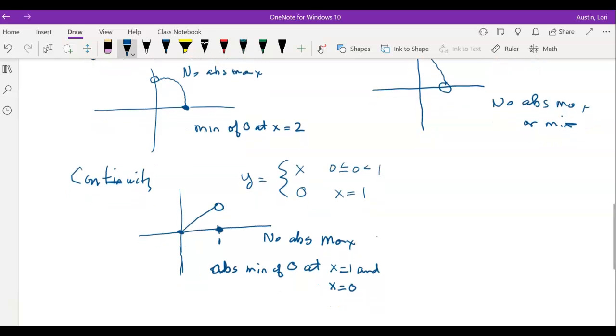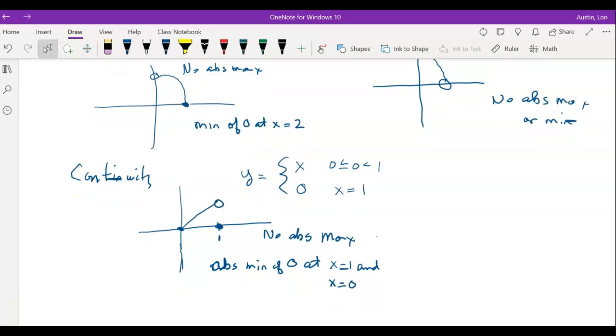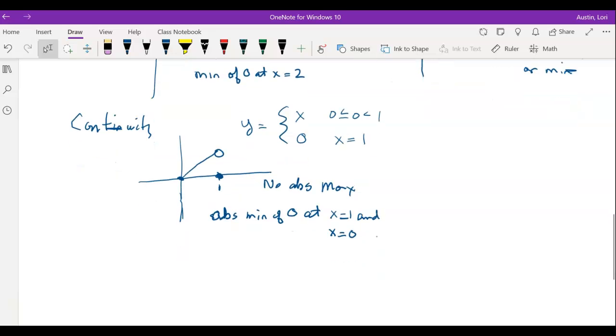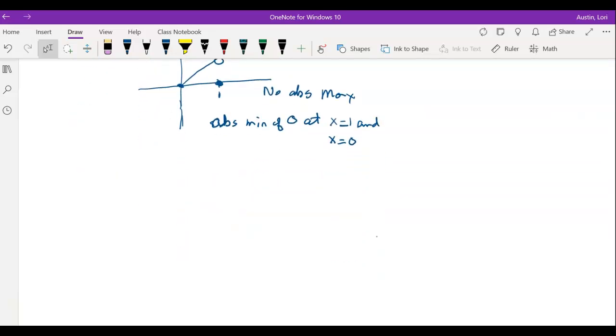Okay. So we've played around with different graphs. Let's take us to our first theorem. So we've had definitions. Now we're going to do the theorem. And this is called the extreme value theorem.